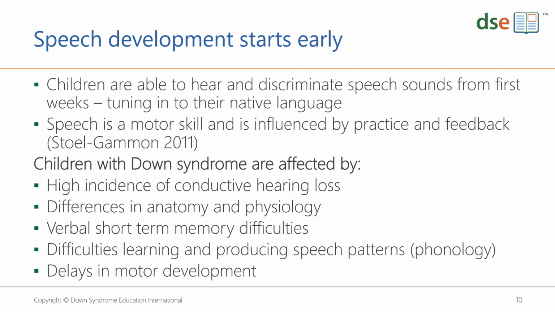So by 12 months of age, they've really tuned into their native language, the one they need to listen to learn to talk. Now they'll be better at discriminating the sounds in their own language and not so good at others. So we can see the brain is tuning very carefully for this good discrimination of the language that the child is learning.